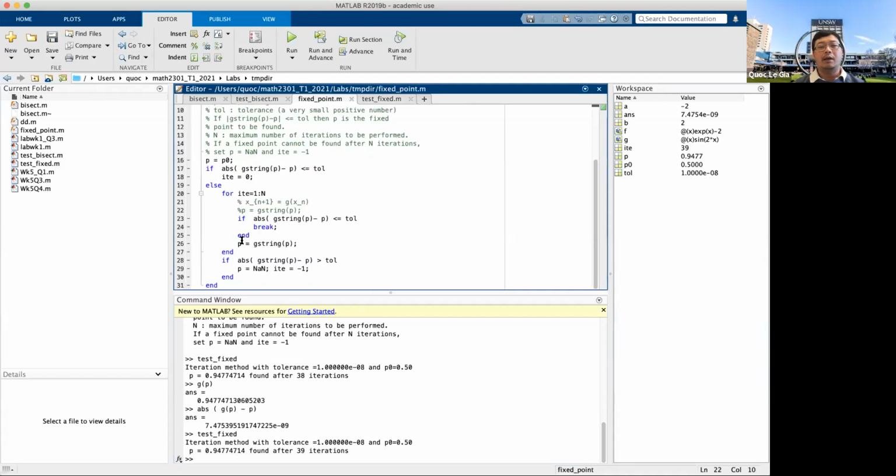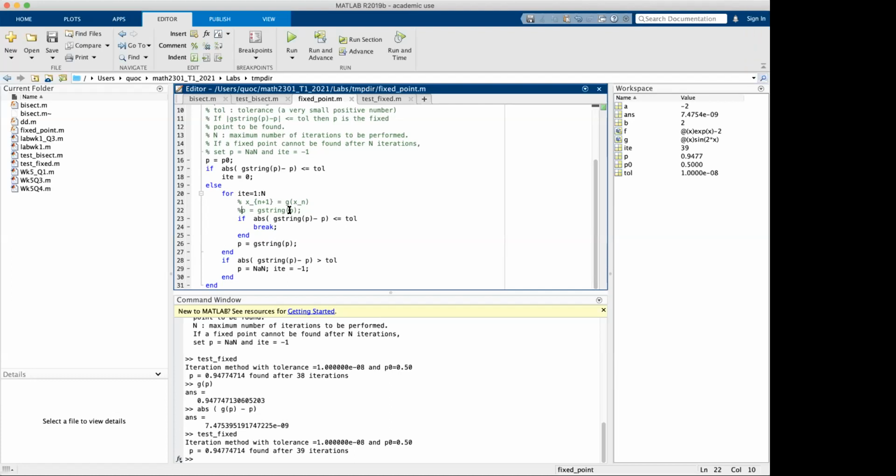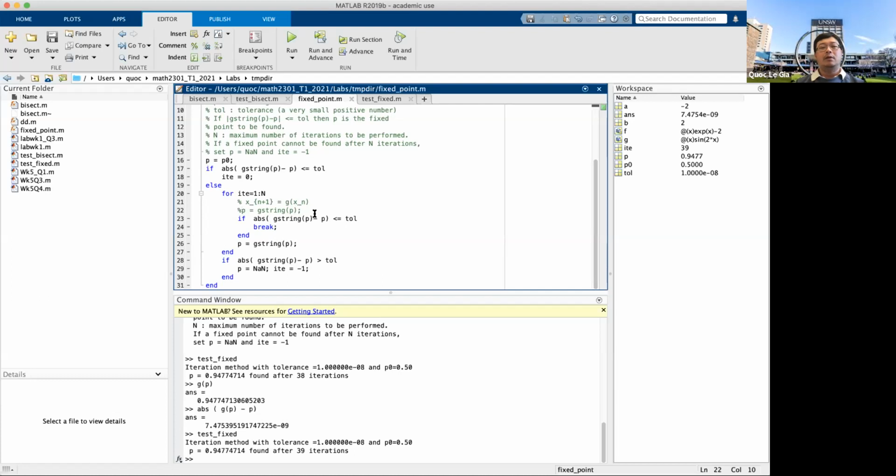As long as when you break, whatever number the iteration is, it will give you exactly that value. It doesn't change the solution. The solution is still there, but the number of iterations is just increased by 1. So it's not very important. I think the solution is more important than the number of iterations.